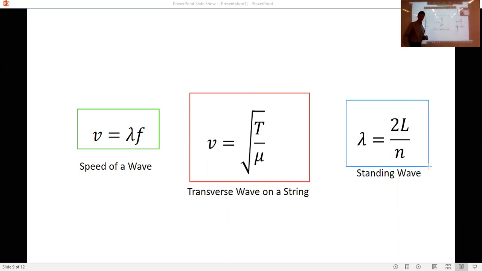I'm going to put them together and use them to find an expression which relates tension, the mass per unit length, the frequency, and also the integer n.